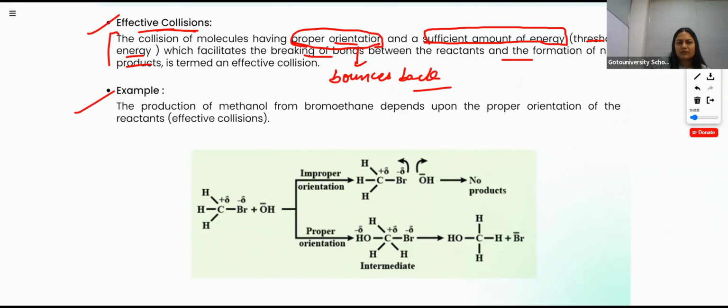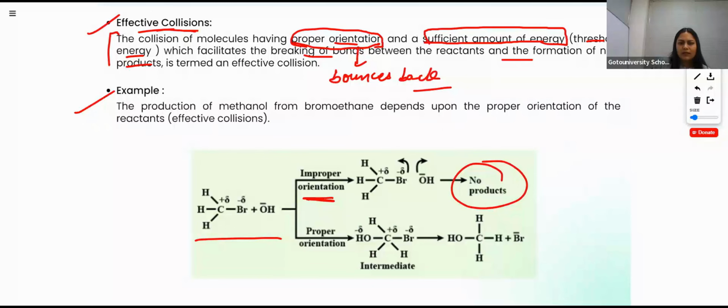For example, in this reaction, on the reactant side we have CH3Br with OH-. If the reactants are improperly oriented, then no products will form; they will bounce back.